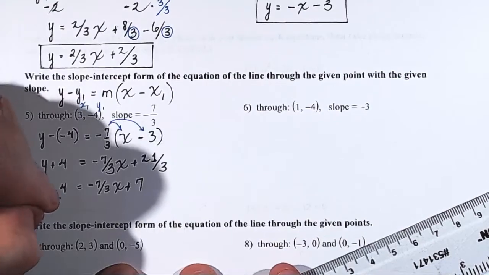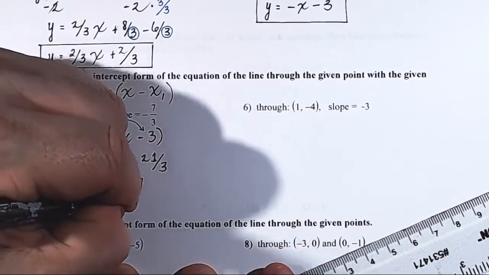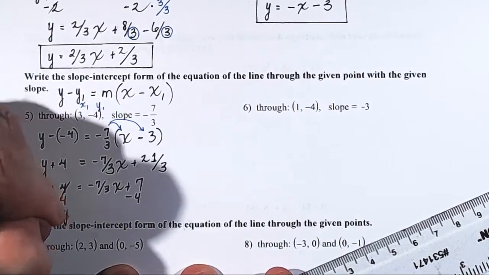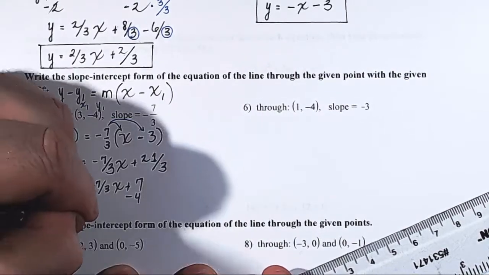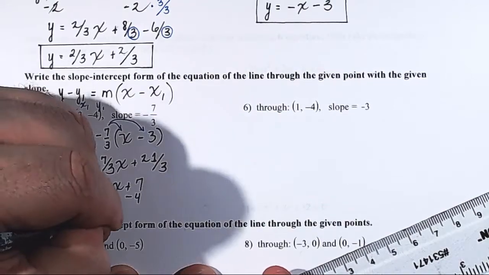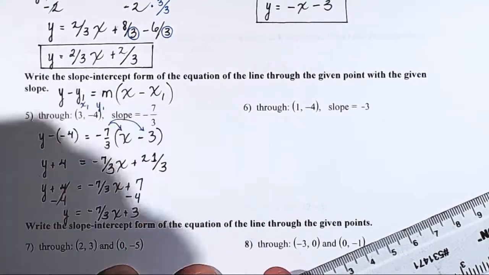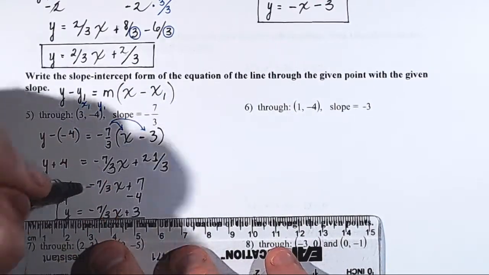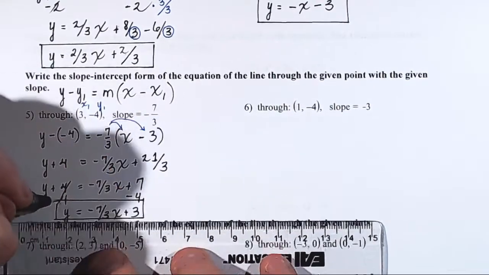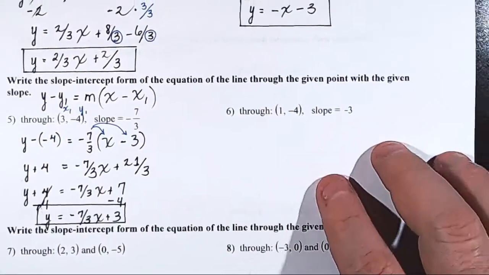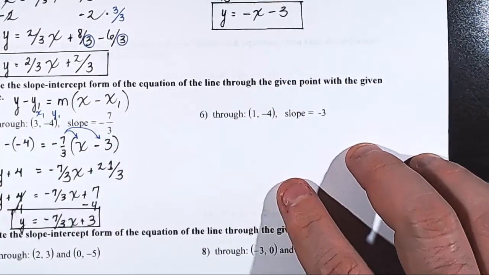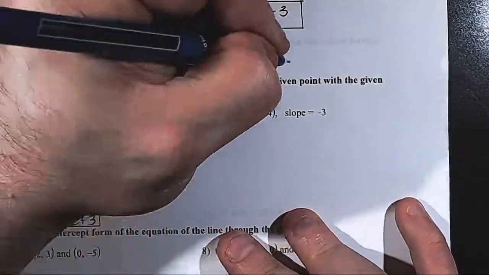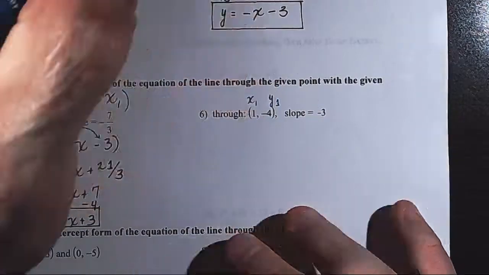And now I'll subtract 4 to get y by itself. And I have y equal to negative 7/3 x plus 3. Next problem, passing through 1 comma negative 4, this will be my x1, and this will be my y1.